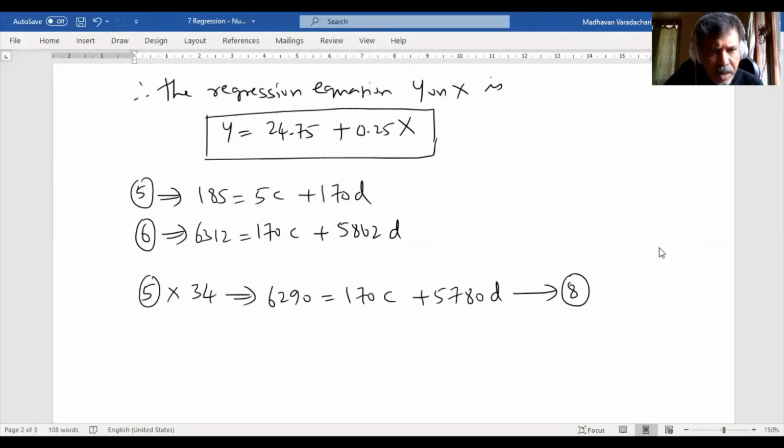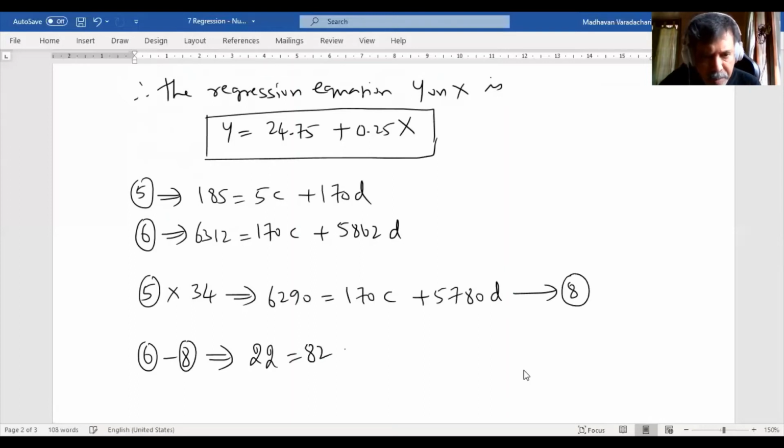Now let's subtract the 6th equation minus the 8th equation. Why am I doing that? Because I can eliminate 170c and 170c. So that is 6312 minus 6290, we get 22, is equal to 5862 minus 5780, we get 82.